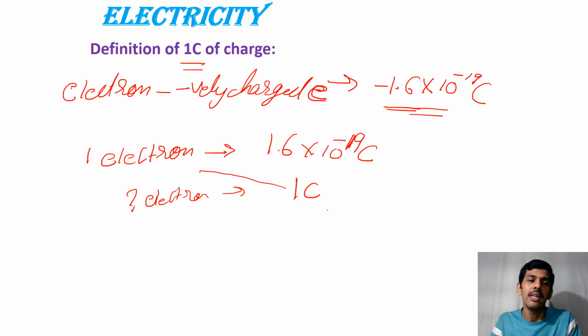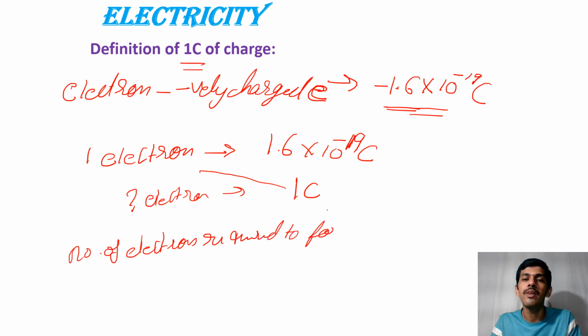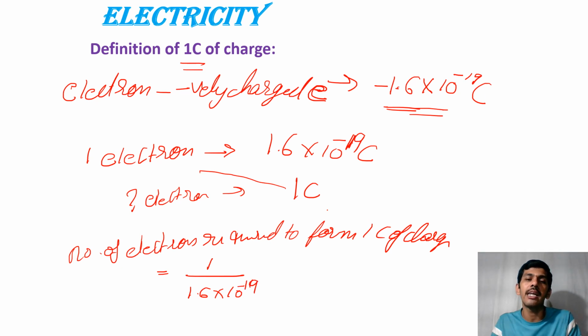So the number of electrons required to form 1 coulomb of charge is equal to 1 into 1 electron, that is 1 into 1 coulomb, divided by 1.6 into 10 to the power of minus 19. That much number of electrons are required.